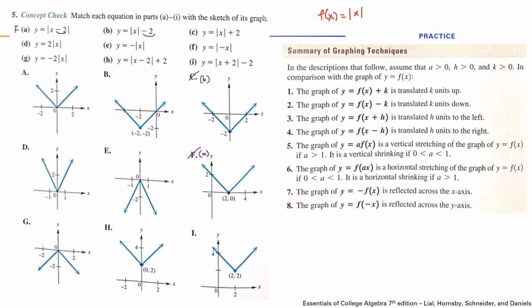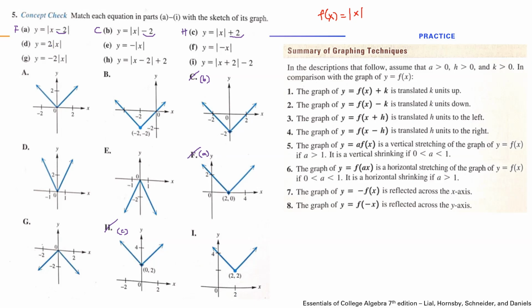That looks like C. Now for C, go up 2 units. Which one goes up 2 units is H. So C with H.